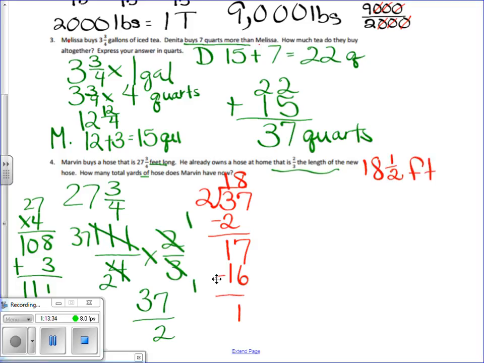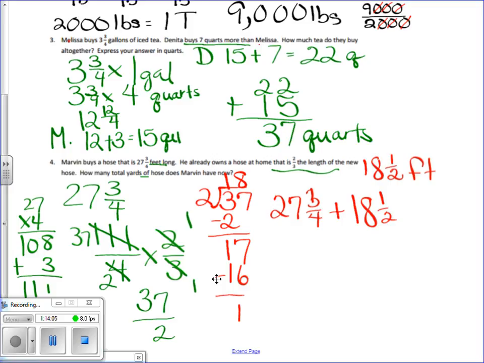So it should be shorter. It's 2/3 the length. How many total yards are purchased? So I'm going to add them together and get my total feet and then do a conversion. 27 and 3/4 plus 18 and 1/2.